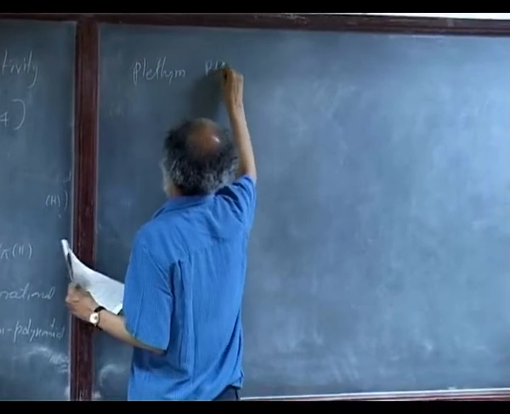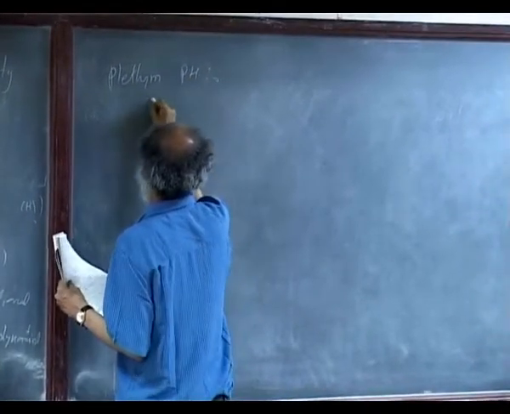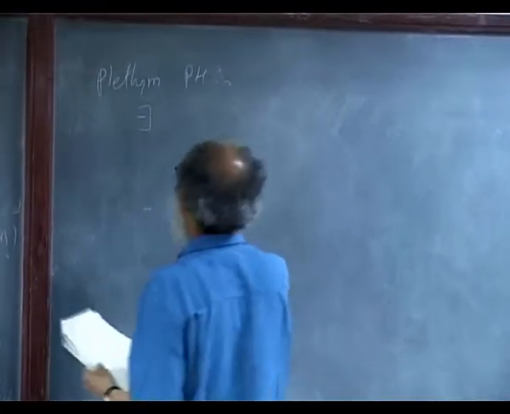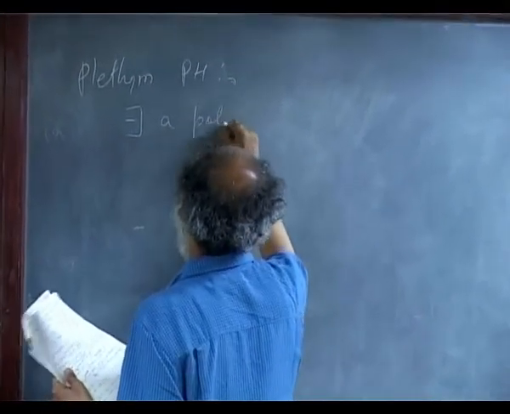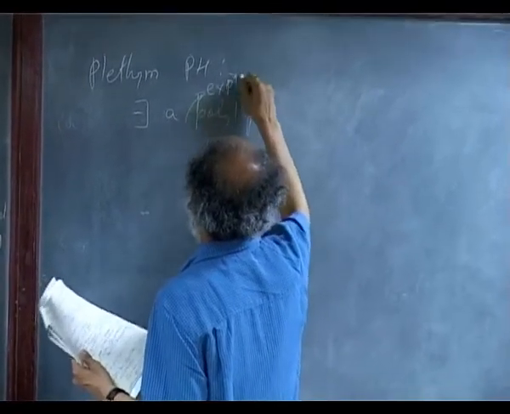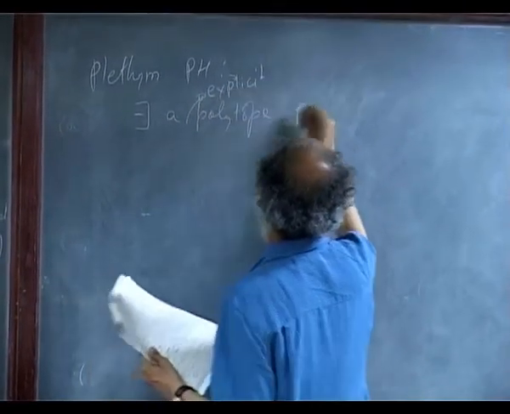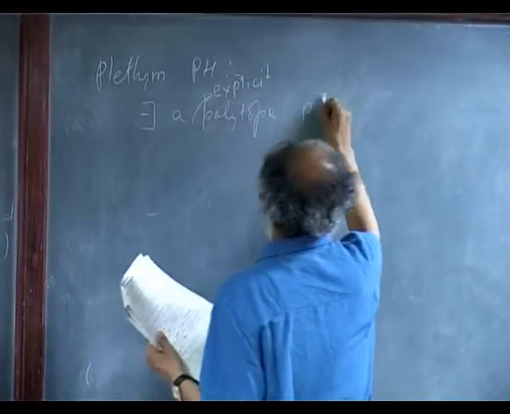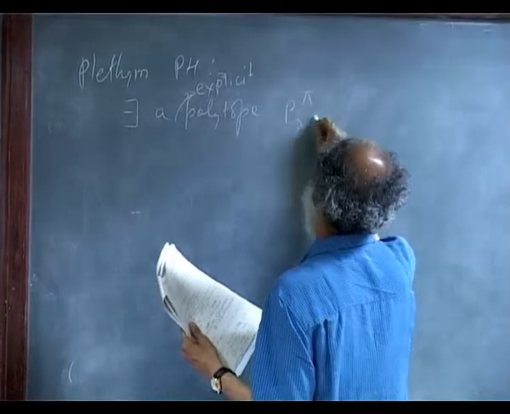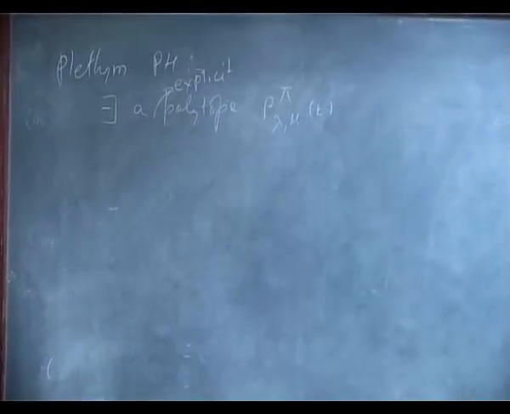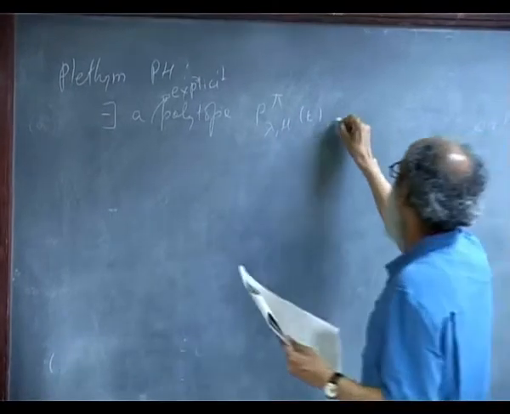positivity hypothesis, PH. This says that there exists an explicit polytope P pi lambda mu, parameterized polytopes. There exist explicit parameterized polytopes in k.